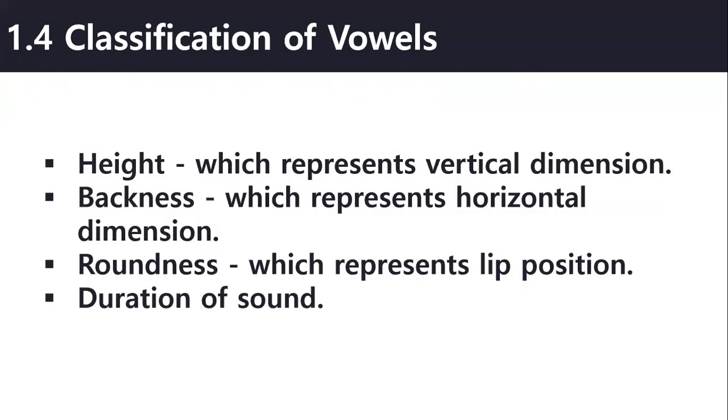Moving now to the classification of vowels. As we have seen before, the quality of sound of a vowel depends on the height, which represents a vertical dimension, the backness, which represents a horizontal dimension, and the roundness, which represents the lip position. There is also another factor, and it is the duration of sound.